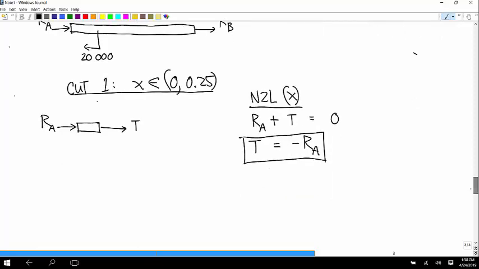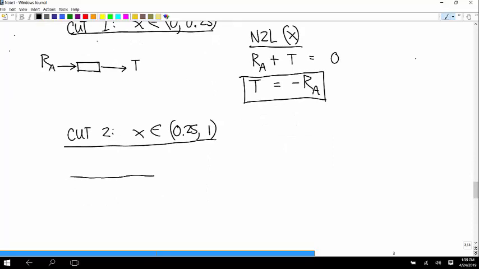Now we'll go to cut 2. And this is for X values from 0.25 to 0.1. So this time we have RA here. We have the 20,000 here, this is not RB. We haven't gotten to RB, that's out on the right somewhere.